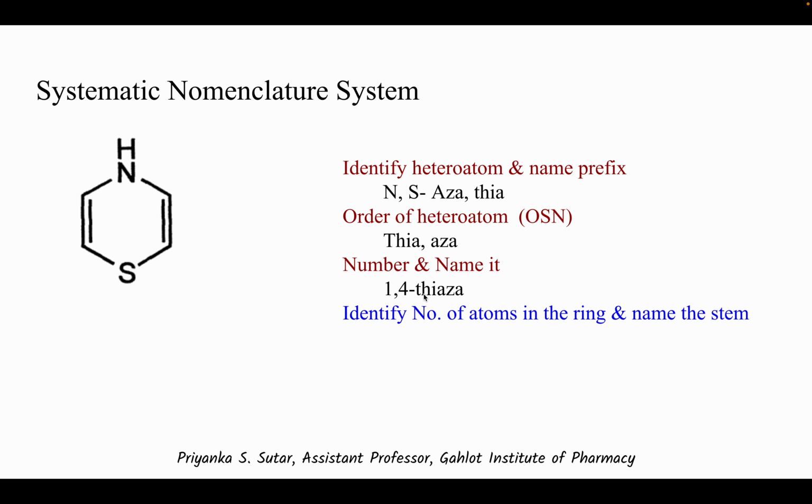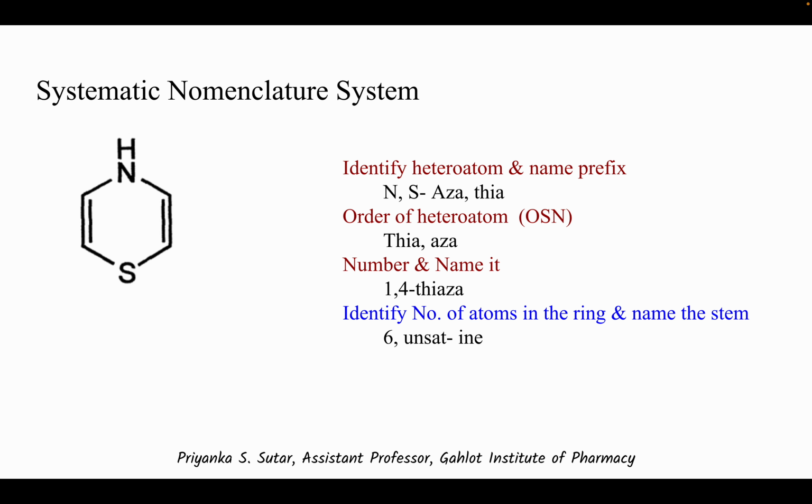Now we are done with the prefix. We will go for the stem. Identify the number of atoms in the ring and name the stem. It is a 6-membered ring which is unsaturated, so the name of the stem is INE. You refer to table number 2.